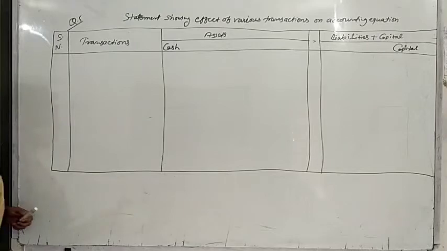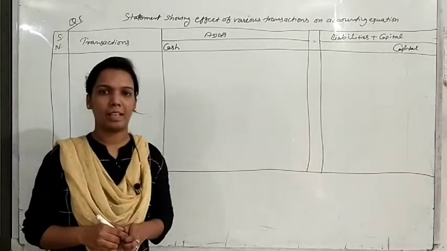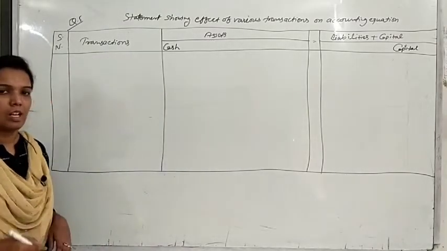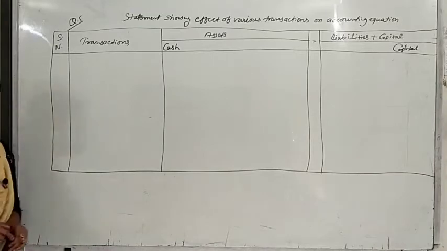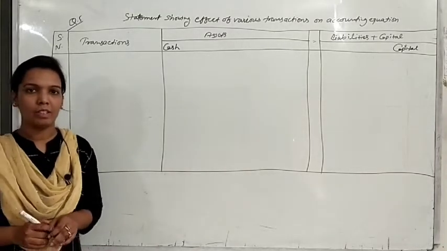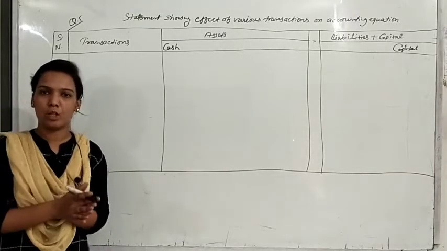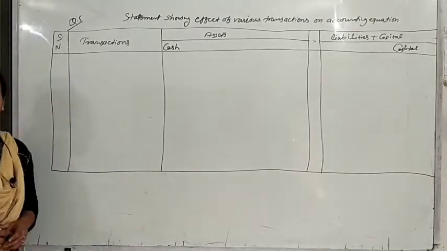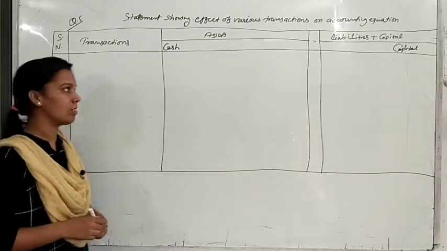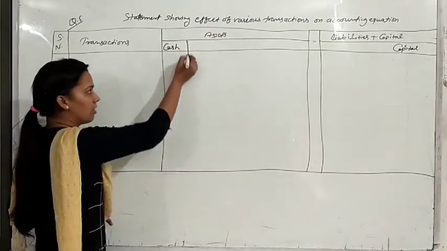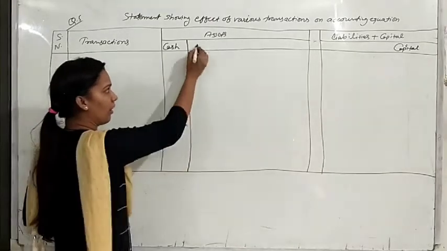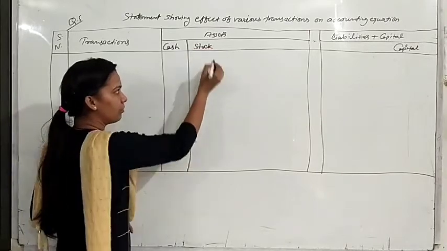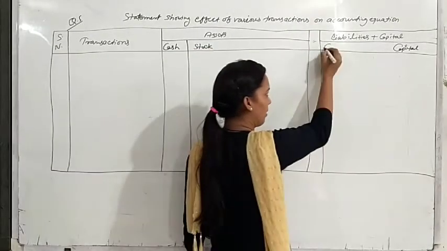Now a confusion may arise in your mind: ma'am, is this a cash purchase or credit purchase? As I told you in our last videos, whenever there is no mention whether it is a cash purchase or credit purchase, and a name is given in the question, it is always assumed as credit purchase. It means the first account affected is stock account, and second, creditors.